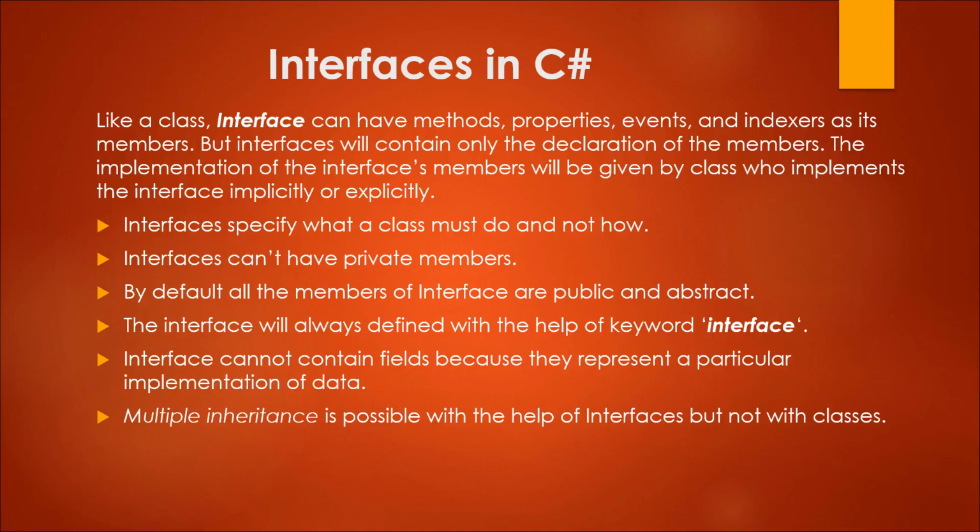And by default, all the members of the interfaces are public and abstract. And the interface will always be defined with the help of the keyword interface. That means to declare an interface, you have to use the keyword interface. Interface cannot contain fields because they represent a particular implementation of data. Multiple interface inheritance is possible with the help of interfaces, but not with classes.